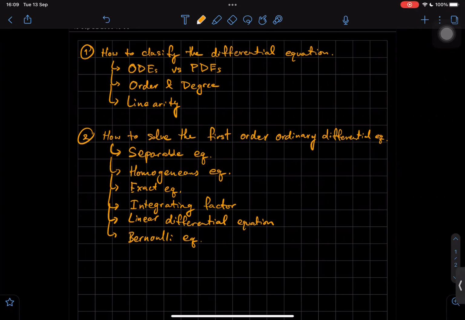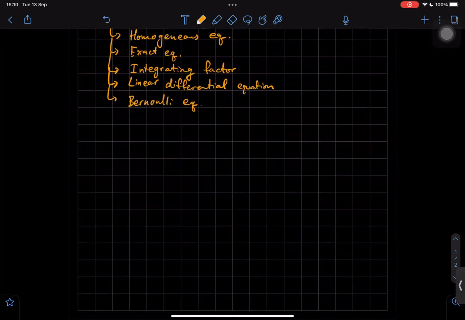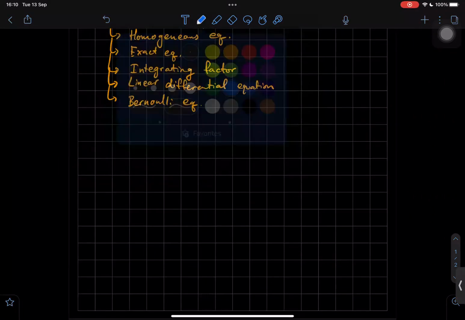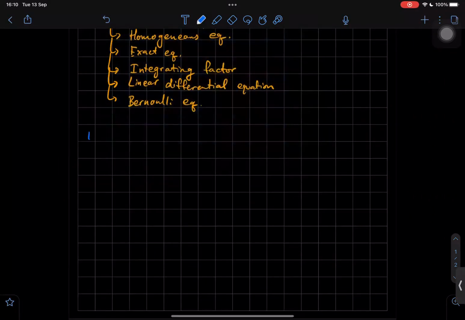Now for today we will study others. Okay, so what we're going to focus on today is the first thing is the application of first order equations.